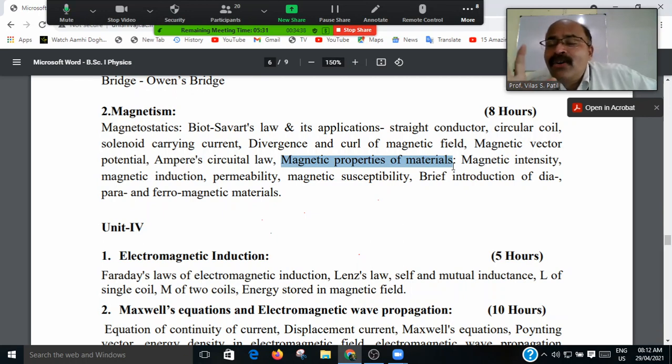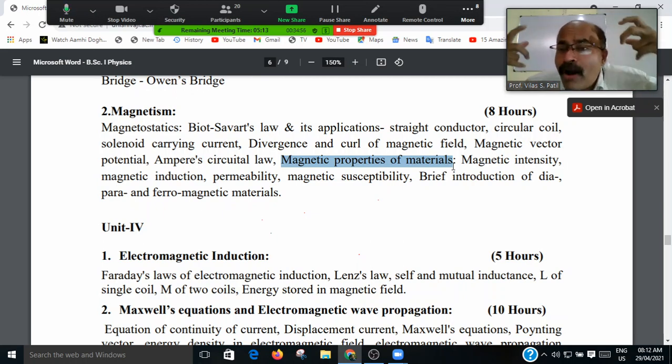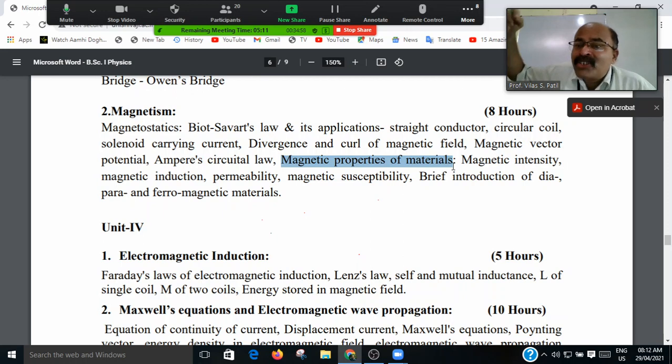According to magnetic properties, we categorize the different magnetic materials: paramagnetic, antiferromagnetic, ferromagnetic, and diamagnetic. This classification is made, and according to the properties, their magnetic structure changes. This interesting area will be studied in this topic.